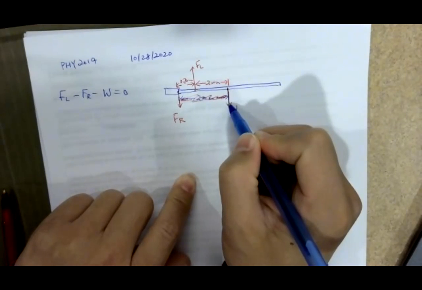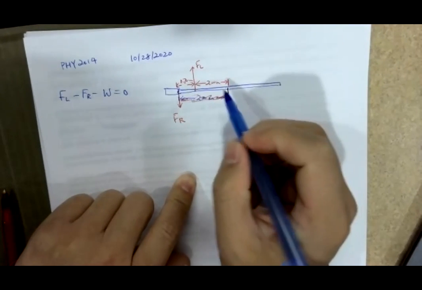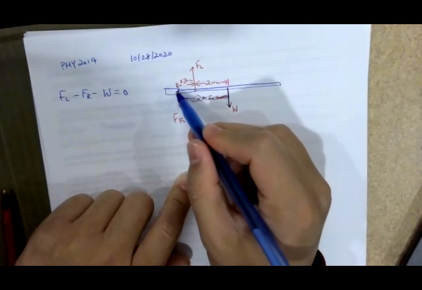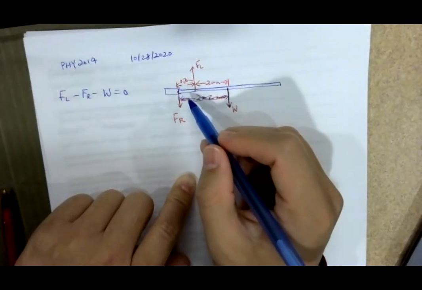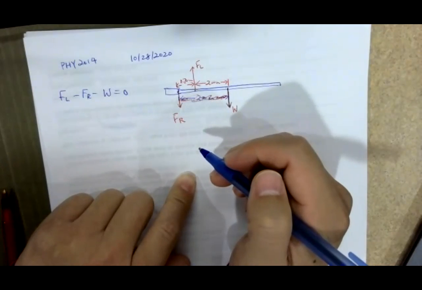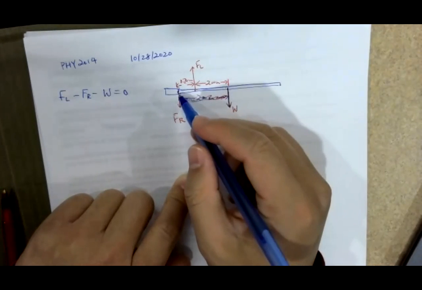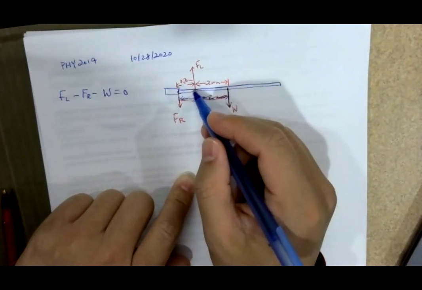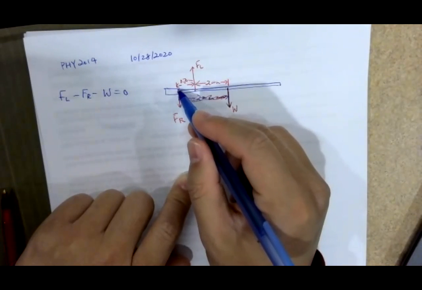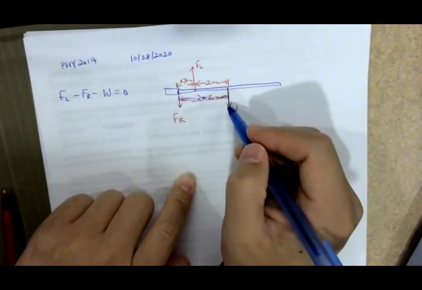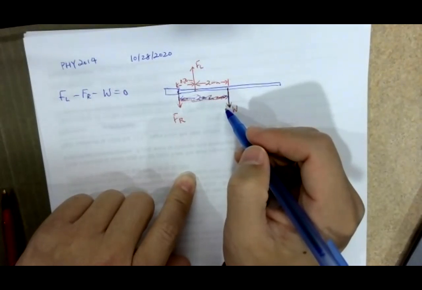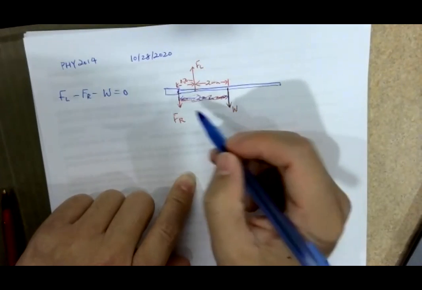The choice would be where there's an unknown force acting. That could be one of your choices for the axis of rotation, because in that way the unknown force will contribute zero torque. Then in the torque equation you'll have just one unknown force with a known force, which will give you an easy solution to solve for one of the unknown forces.